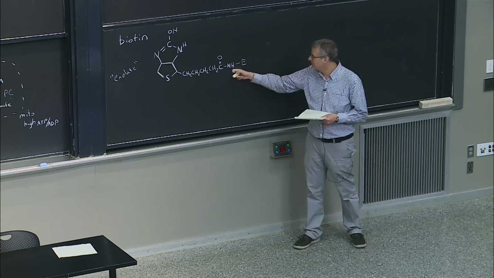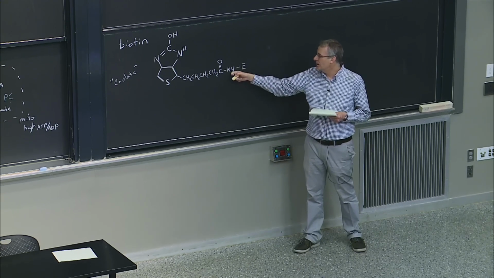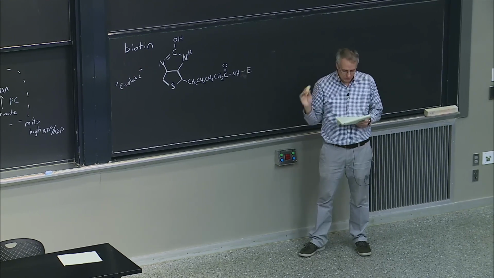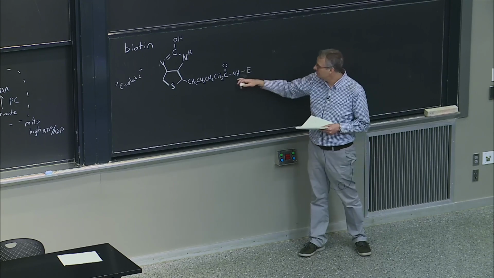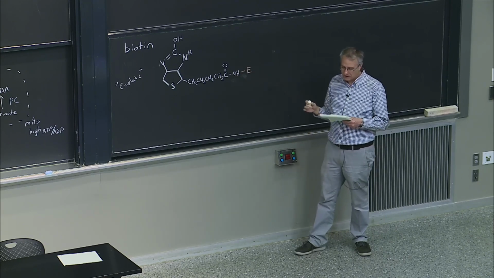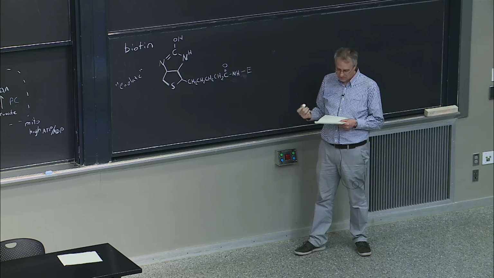And so this here is basically a peptide bond between the terminal amino group, the epsilon amino group of the side chain of a lysine residue, that links biotin into the active site of the enzyme that's using it.